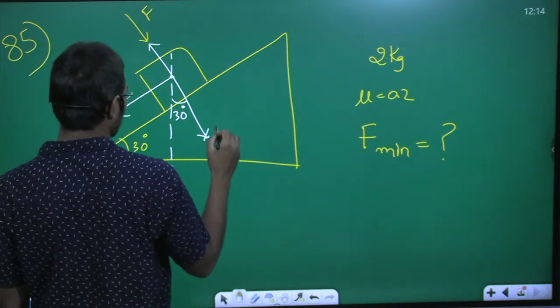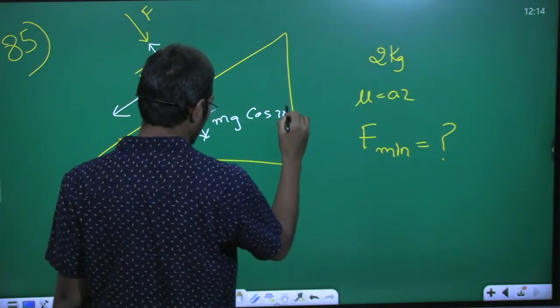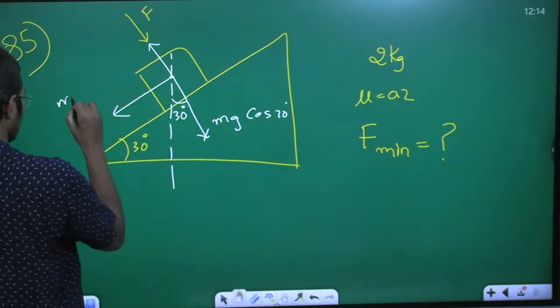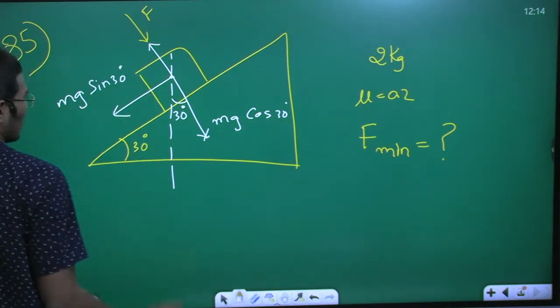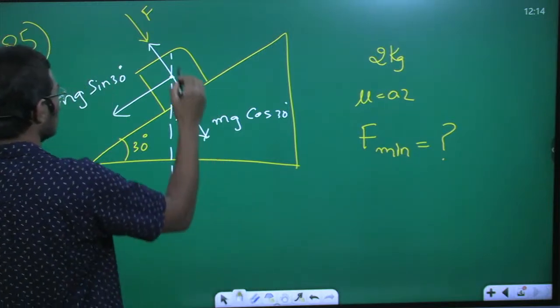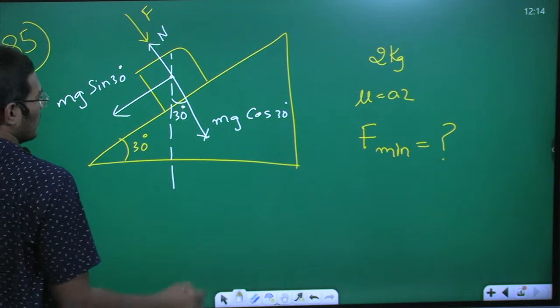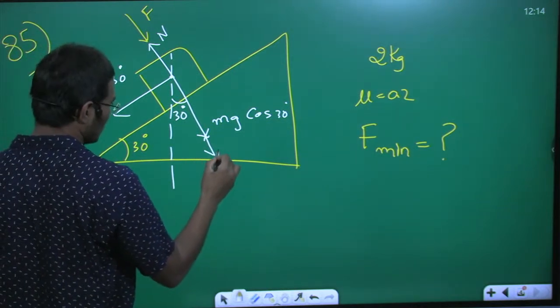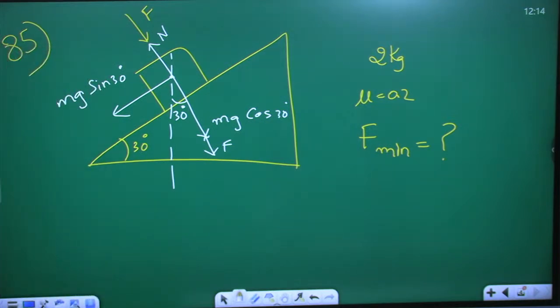So this is mg cos 30. This is mg sin 30. What is this? This is normal force N, and the other force, that is F. So are these only forces?